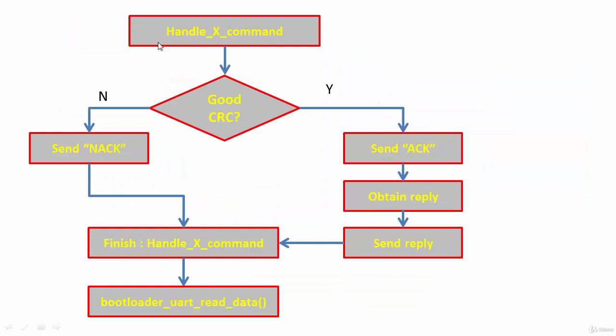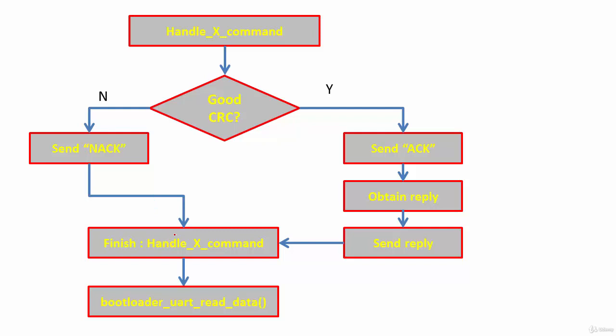When we go to the handle function, we first check the CRC of the received command packet, because that is really important. If the CRC is bad, then we send NACK to the host, and then we finish the handle function.